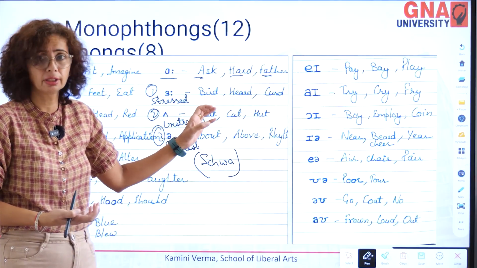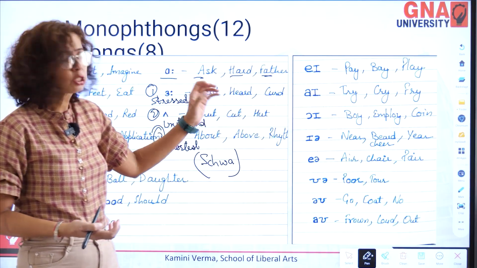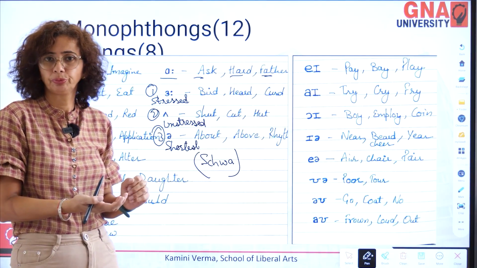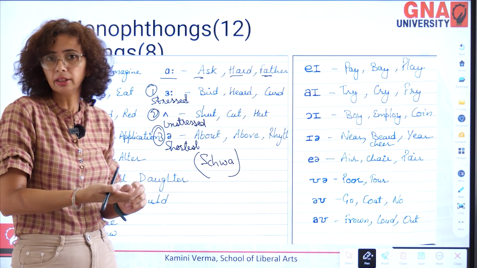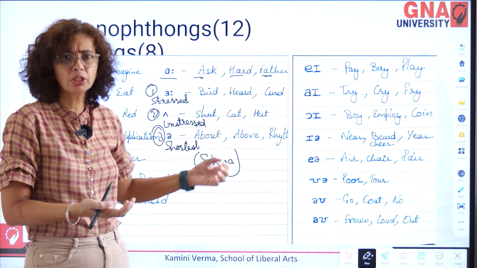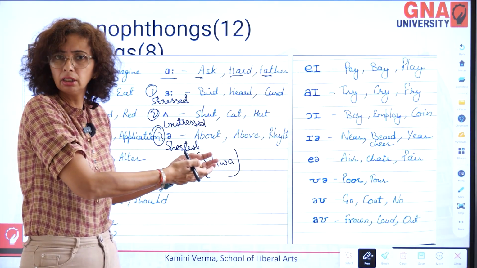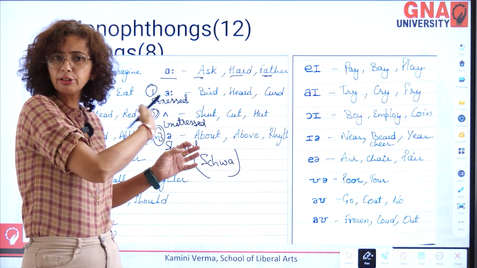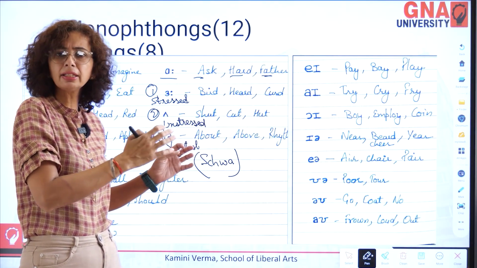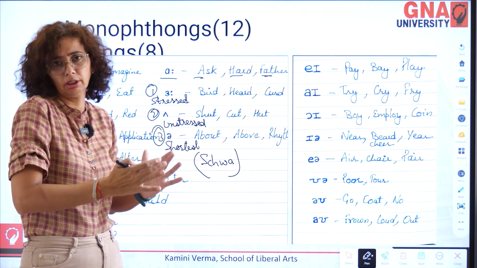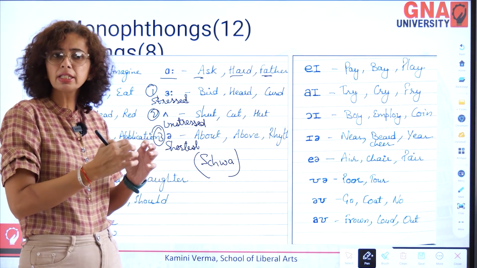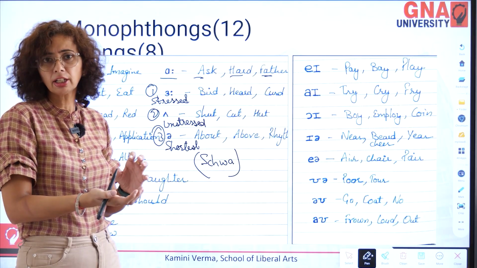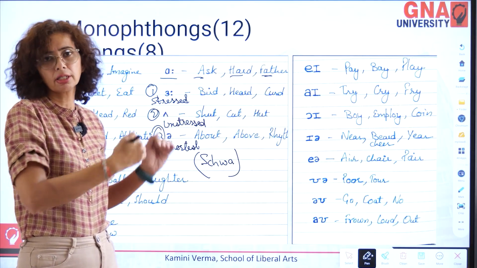Moving ahead, the next one is heard. And another example which I have written over there is curd. So in these three examples, I'm stressing the sound over here. The stress is actually differentiating it from the unstressed A.